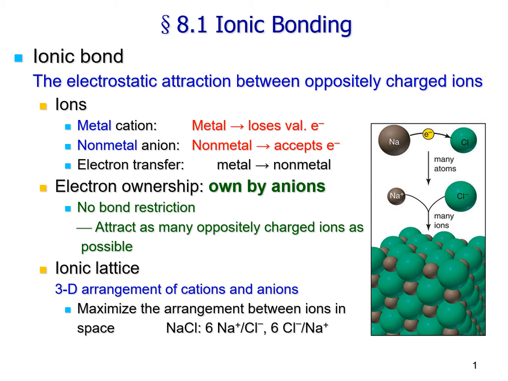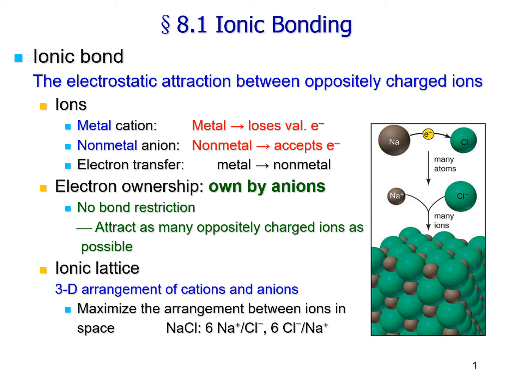In the example of sodium chloride, we see that each chloride anion attracts 6 sodium cations. Same thing for cations as well. Each sodium cation will attract 6 chloride anions. So for example, if you look at this chloride, it has 1, 2, 3, 4 sodium cations.